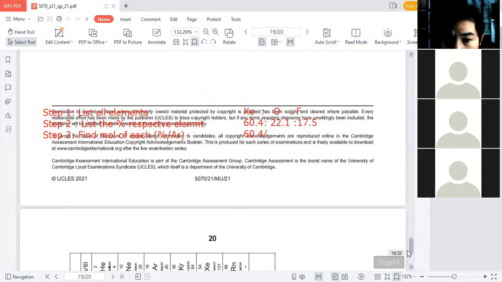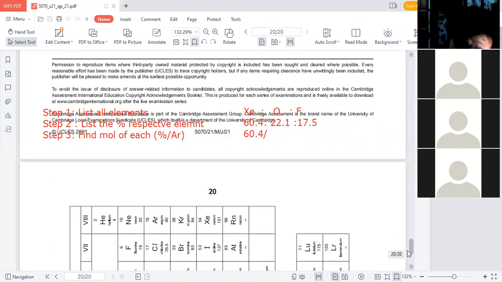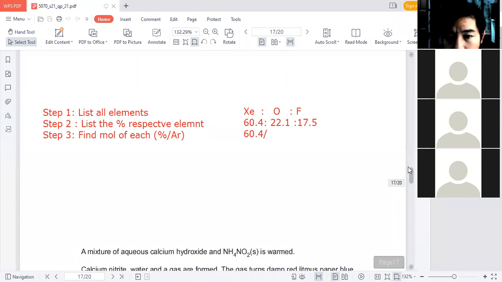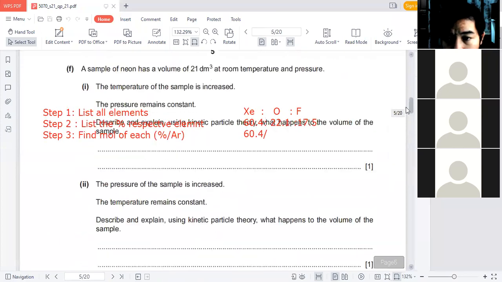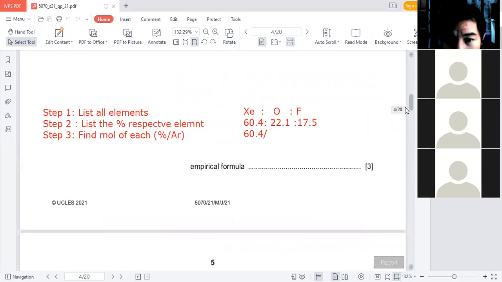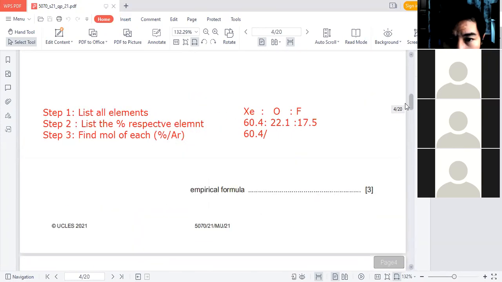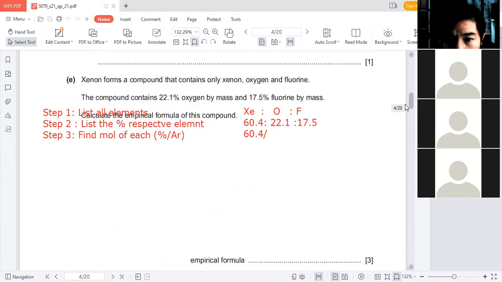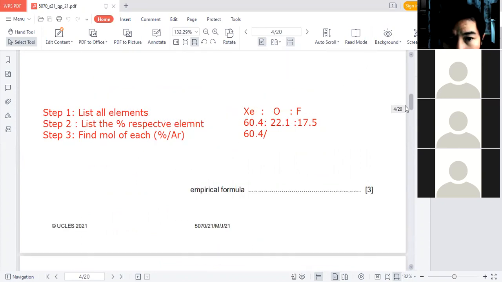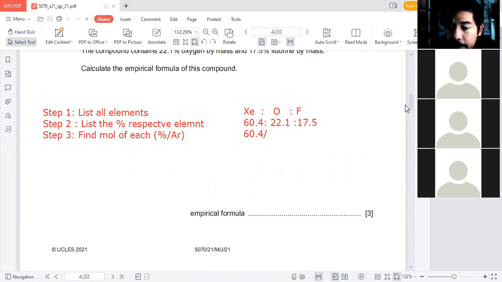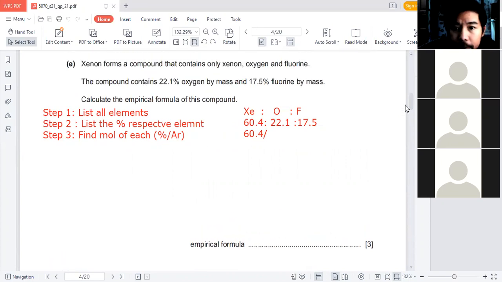Xenon, where is it? Xenon is 131. Okay, 131.